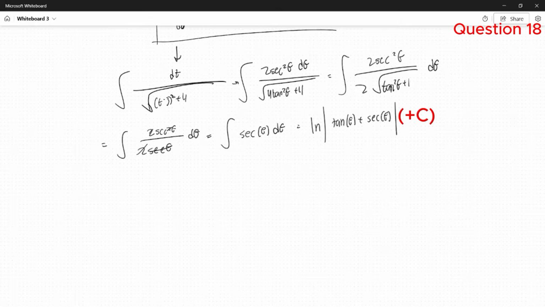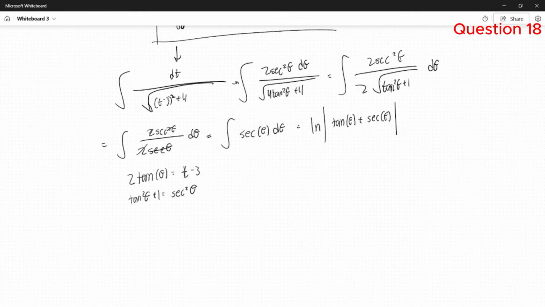Boom. Let's recall, we know that 2 tan theta would be equal to t minus 3. Let's also recall that tan squared theta plus 1 would be equal to secant squared theta.